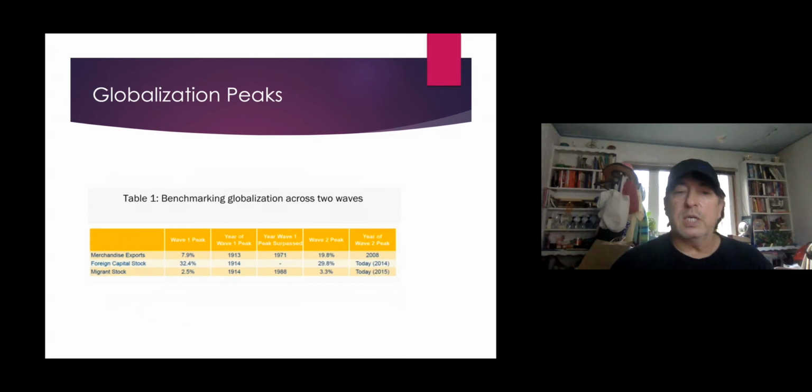So if we look at the two waves of globalization, we'll see that the wave one peak, exports, was lower at about 8% of the global economy than in 2008, the wave two peak, which reached almost 20%.